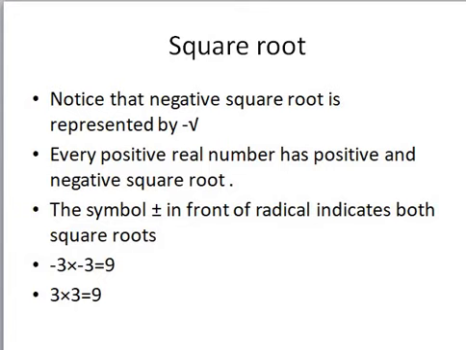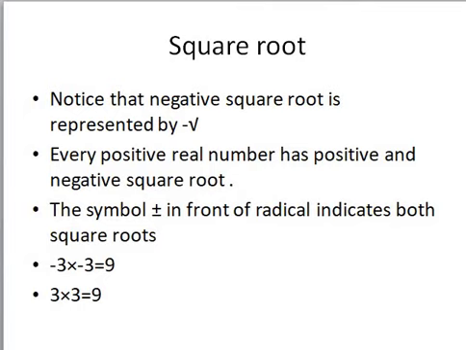If I ask you to find the square root, you know that for every positive number we have a negative and a positive square root. We said before that negative 3 times negative 3 is 9.